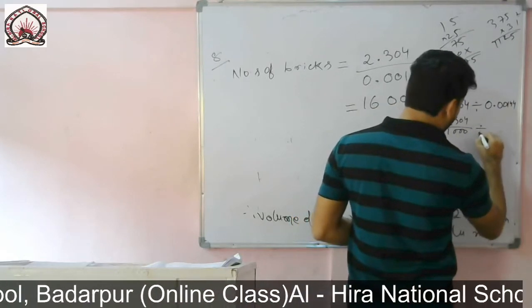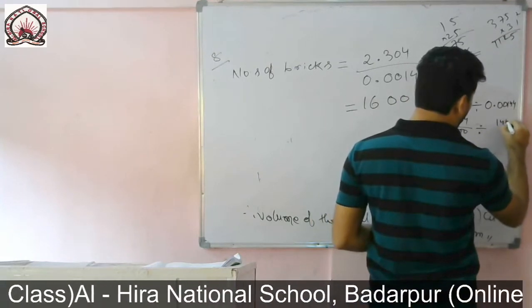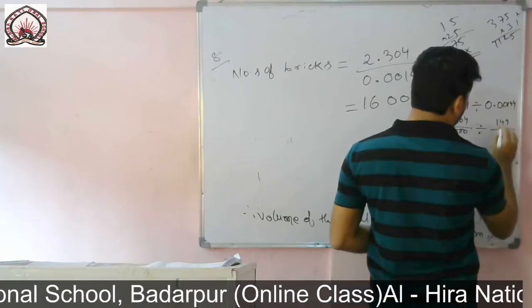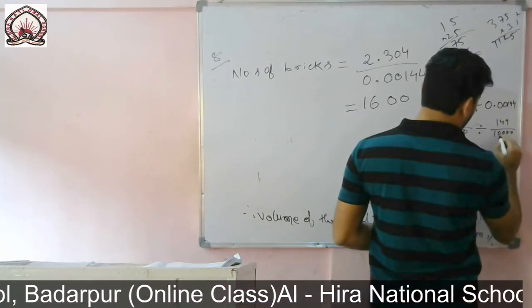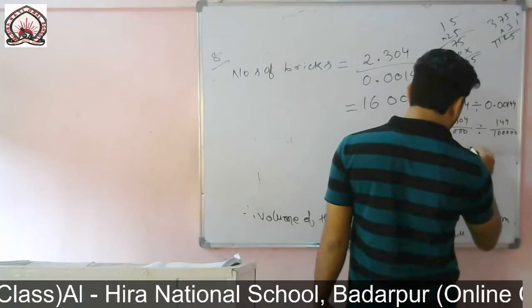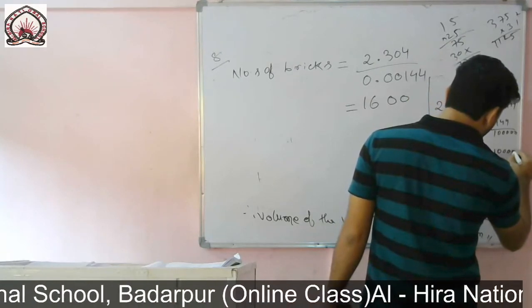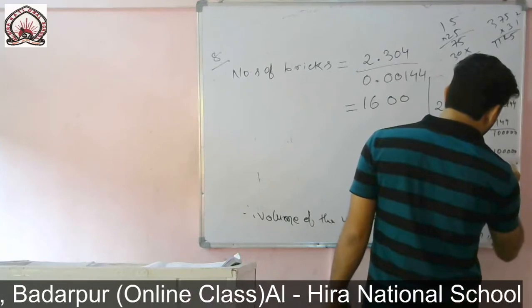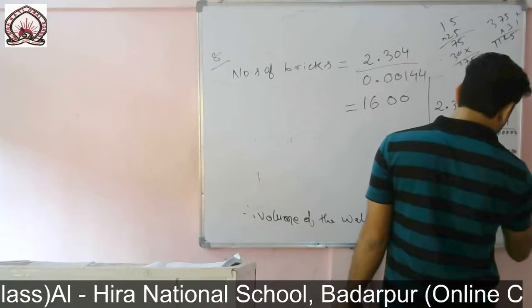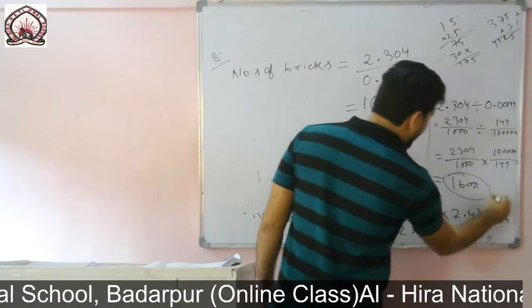Here, 0.00144 becomes 144 divided by 5 zeros. So you can write 2304 by 1000 into 5 zeros by 144. Okay, if we cancel, then we will get 1600.